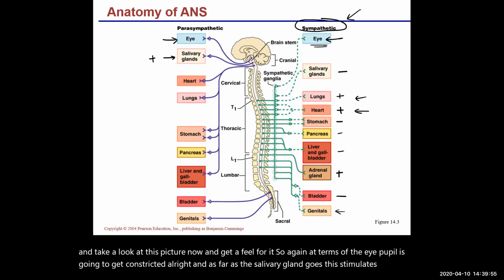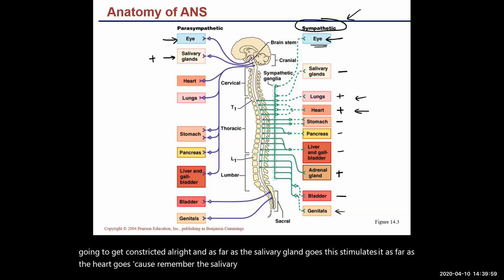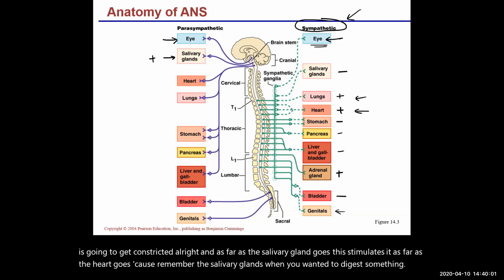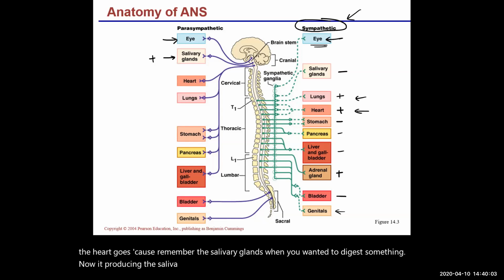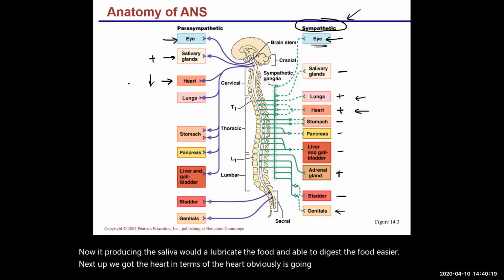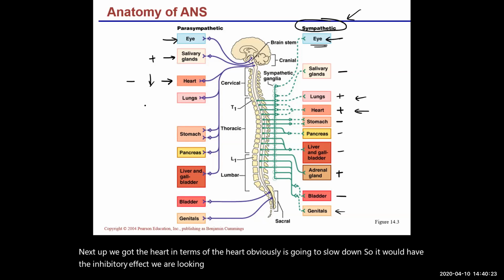Remember, when you want to digest something, now it's producing saliva. Saliva would lubricate the food and make it easier to digest. Next up, we've got the heart. In terms of the heart, obviously, it's going to slow down, so it will have the inhibitory effect. We are looking at the parasympathetic activity. The lungs would be the same thing.